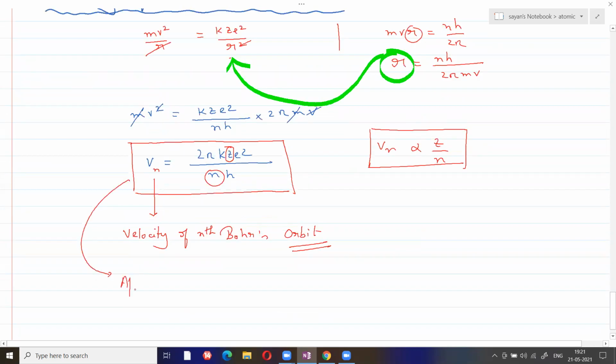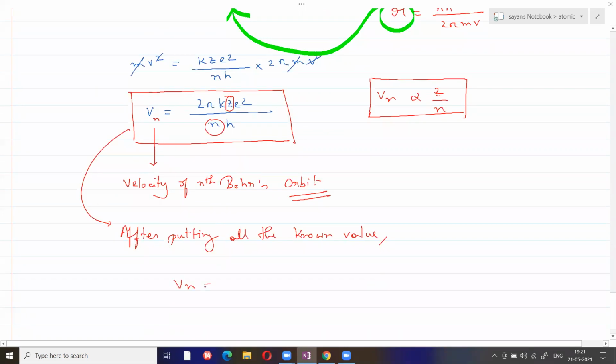After putting all the known values, this equation becomes vn equals to 2.188 into 10 to the power 6 z by n.